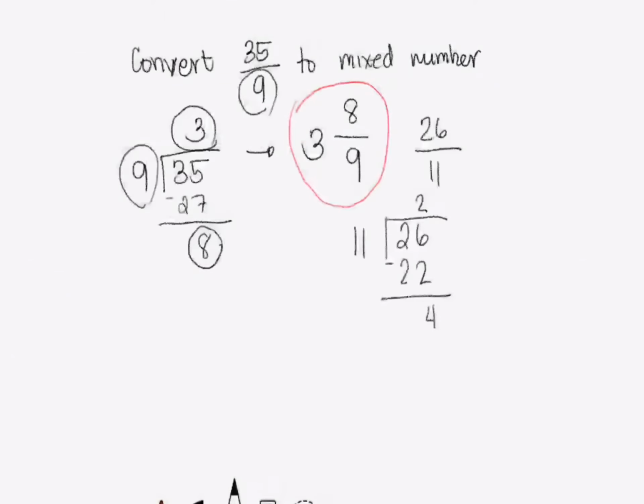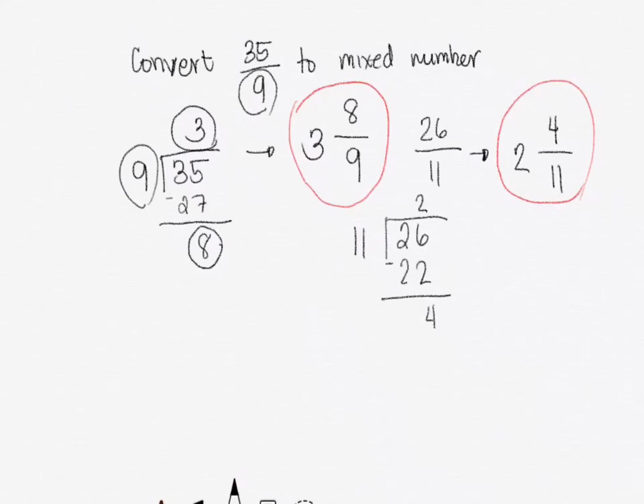Therefore, our answer is 2, remainder 4. To write this into a mixed number, we have the quotient of 2 as the whole number, the remainder of 4 as the numerator, and then copy the same denominator, which is 11. So therefore, 26 over 11 is equal to 2 and 4 over 11.